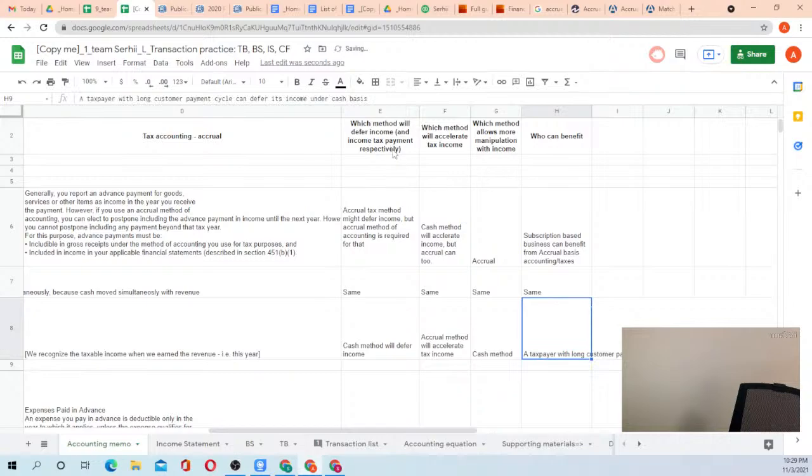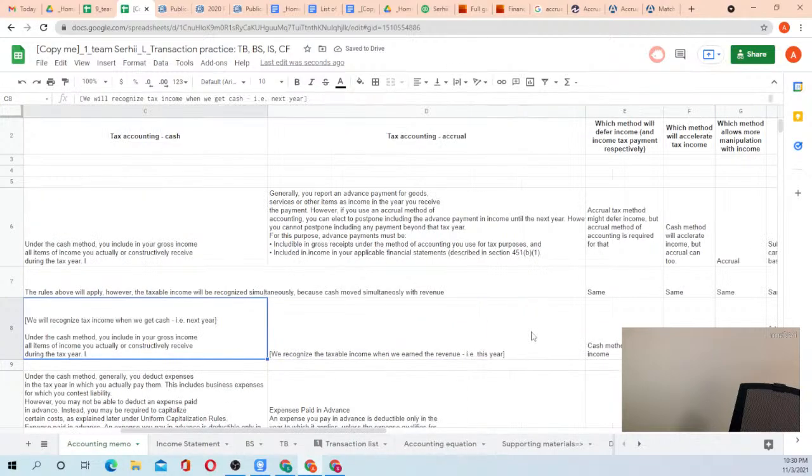So if your customers pay you with a long delay, you want to defer your tax income as long as you can. In that situation, you will benefit with a cash basis.